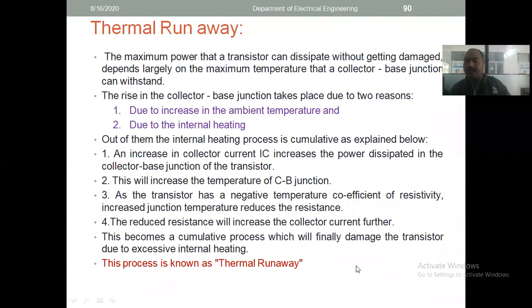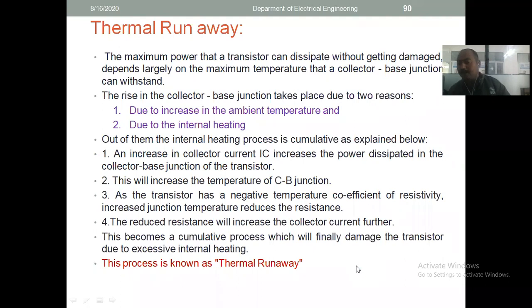The ambient temperature indicates the surrounding temperature of the transistor; if it increases, it may cause an increase in the collector base current or temperature. The other reason is internal heating: whatever voltage or current is applied across the transistor may cause internal heating of the device. These are the two reasons for the heating of the transistor.